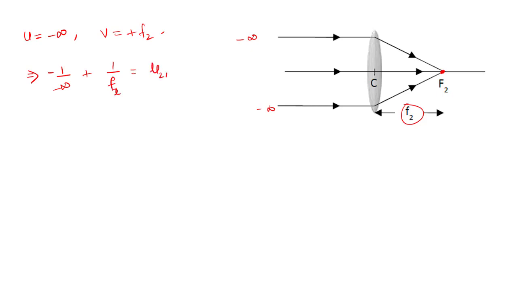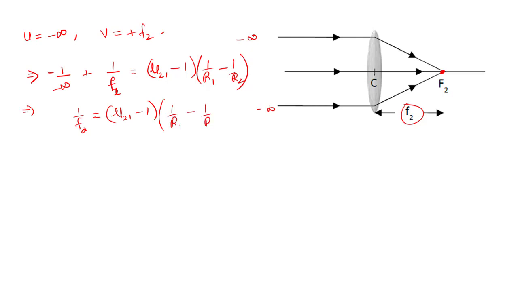And the same mu21 minus 1 times 1 by r1 minus 1 by r2. So 1 by f2 is equal to mu21 minus 1 times 1 by r1 minus 1 by r2.